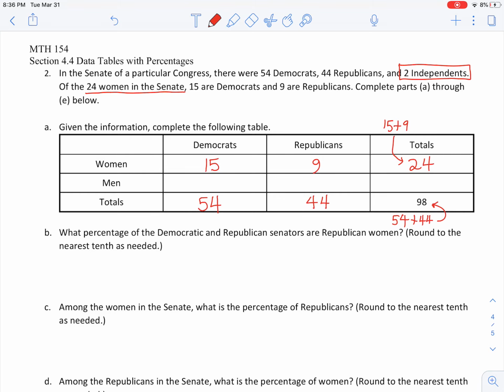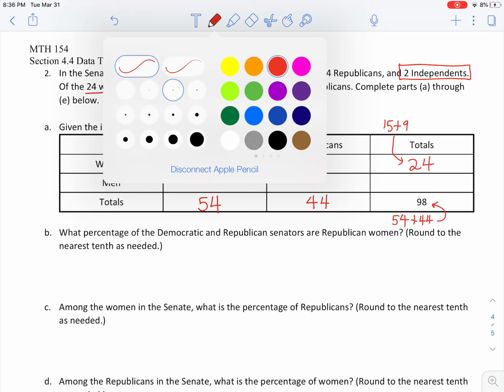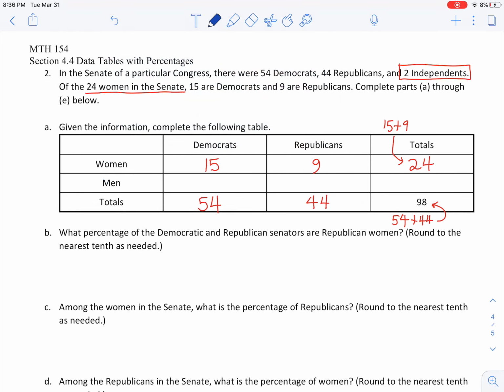Now, that's all they gave us. But we should be able to find out the numbers for men looking at what we got so far. Okay, so let's find some numbers for men here. Knowing that there are 54 total Democrats, we can find the number of men by doing 54 minus 15.